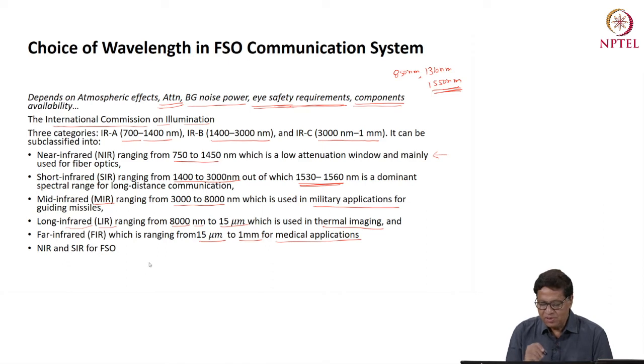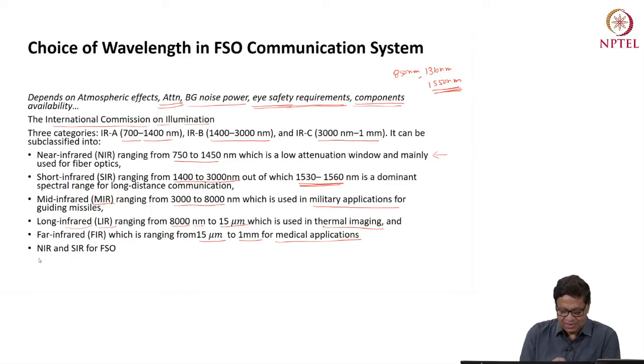So based on all these factors, such as attenuation, background noise and eye safety requirements, the choice of wavelength for free space optics is NIR and SIR, that is, near infrared and short infrared. So the range is basically near infrared, 750 to 1450.